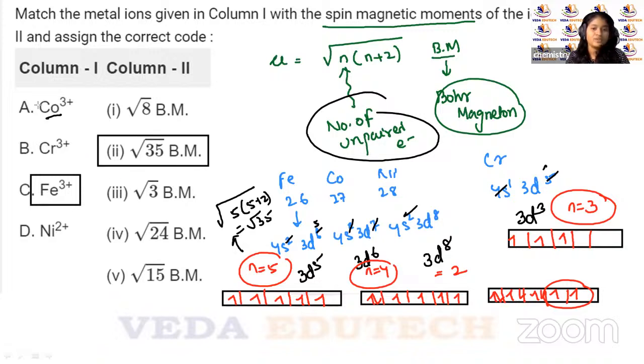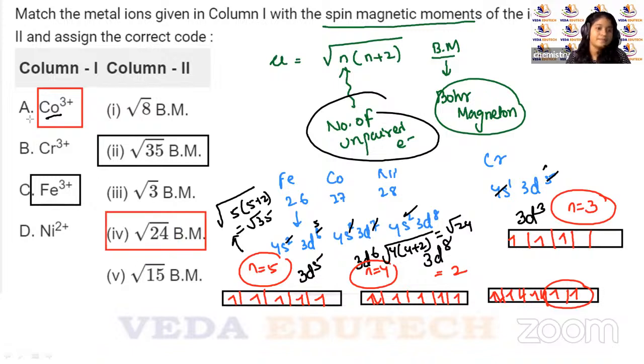Then going for the next one, cobalt is 6, so 4 into 4 plus 2, 4 into 6, this is going to be root 24. So your cobalt is root 24.